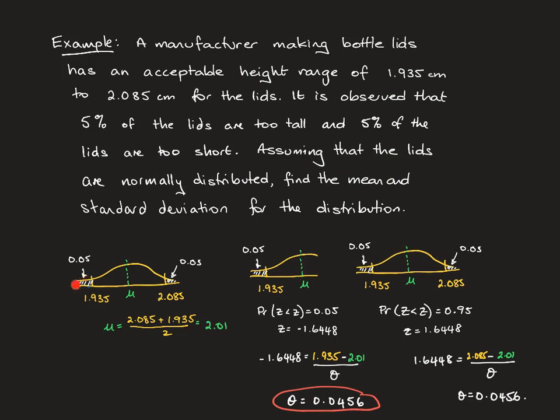Now the other thing that they will do with this question is not have it symmetric here and here. And then to solve that, you won't be able to find the mean like I've found it here. But what you will do is just do the bottom end to find one Z value, the top end to find the other Z value, and substitute into the two equations.